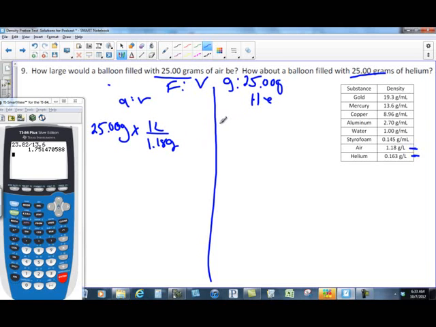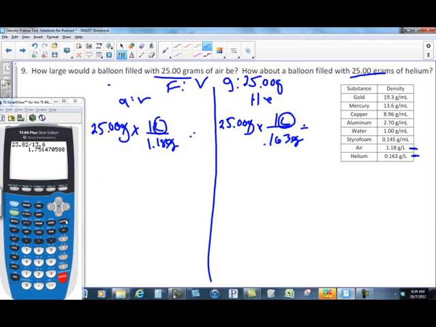And I'm going to do the same thing on this side for the helium, 25.00 grams times, in this case, helium is 0.163 grams in 1 liter. And in both cases my grams will cancel, and I end up with units of liter. Grams, grams, I end up with liters. Okay, so let's punch these.